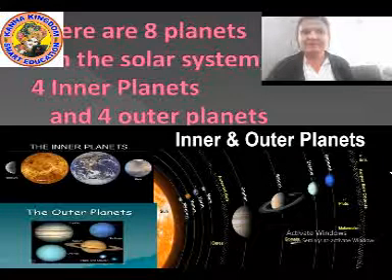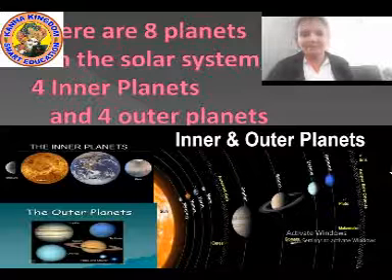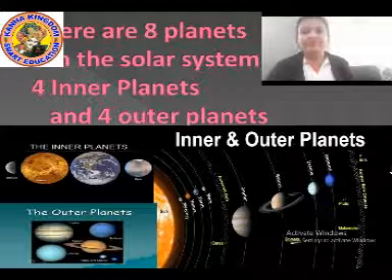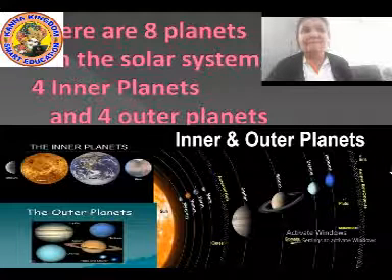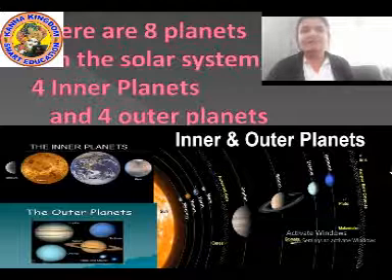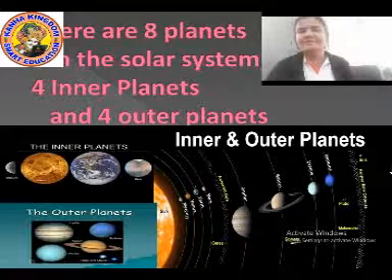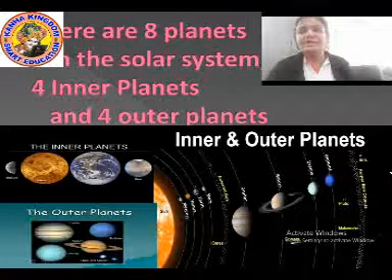Now in the picture on the right side, you can see all the planets together, from which you can differentiate which are the inner planets and which are the outer planets. Between the inner planets and the outer planets, you can see an asteroid belt.